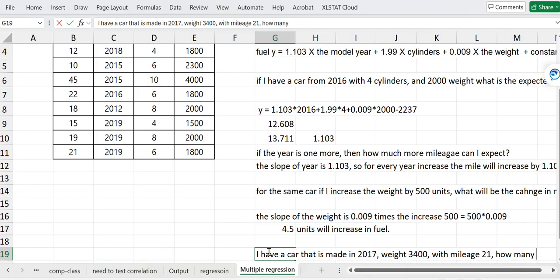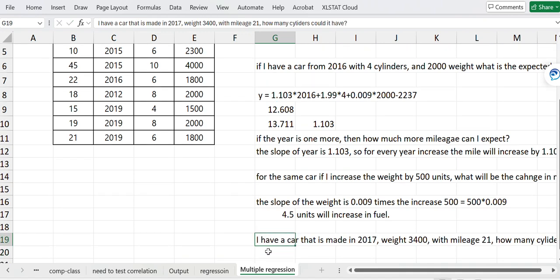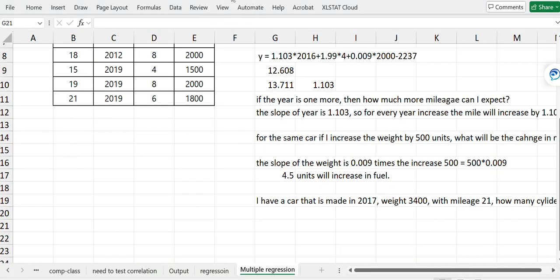How many cylinders could it have? Okay, so now here mileage is 21. So we will put it like this. 21 equal to, I'm just writing it down, then we will solve it.